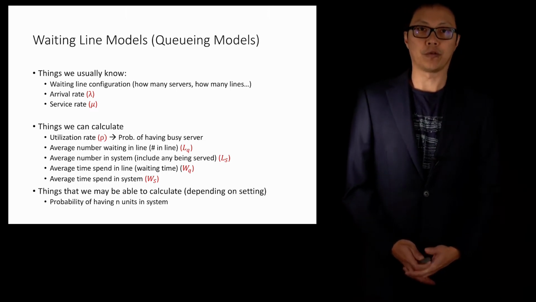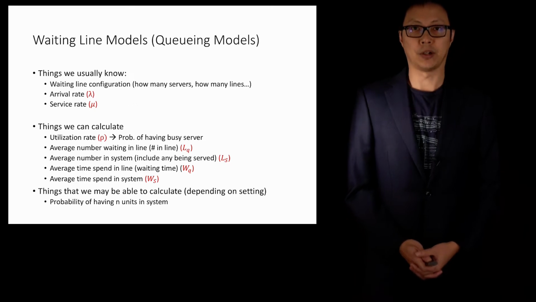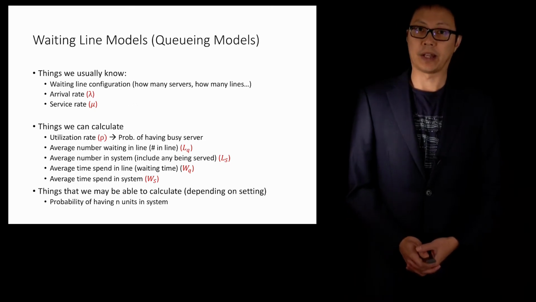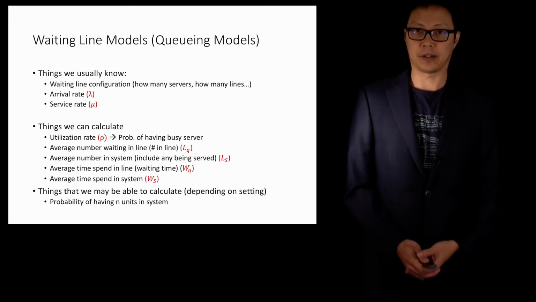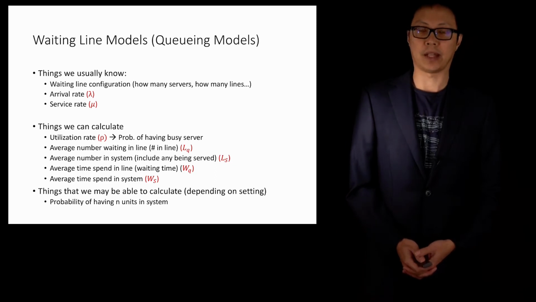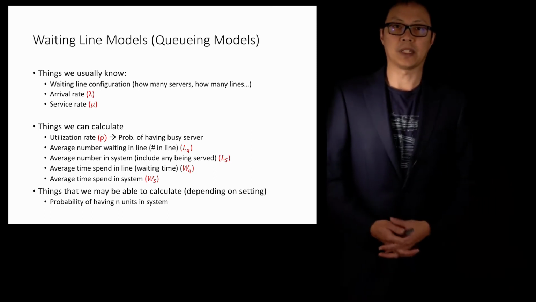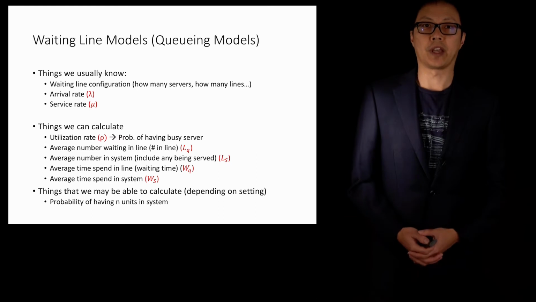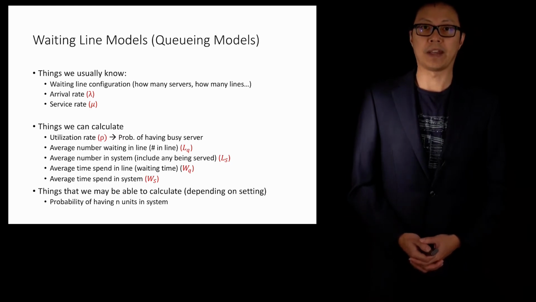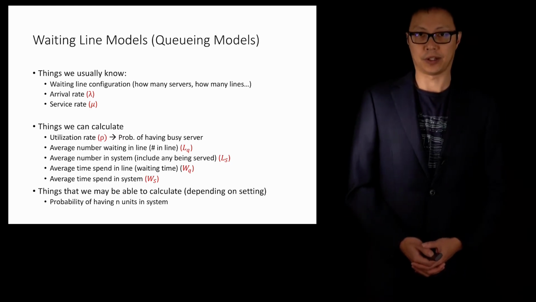Finally, we can calculate the average time a customer needs to wait in line, denoted by WQ, and the total time in the system, denoted by WS. For some specific queuing settings, we can even calculate the probability of having n customers in the system.